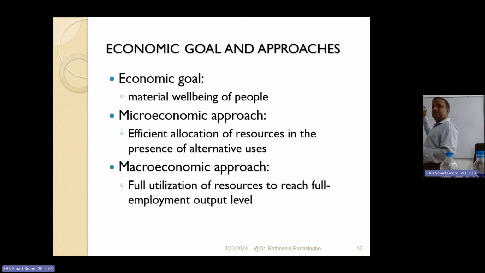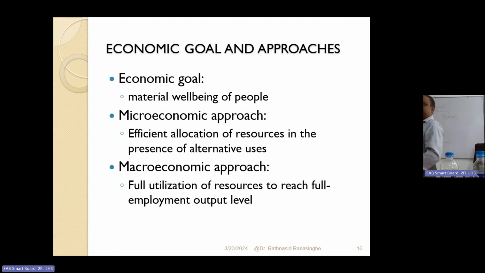But the approach is different. What is the approach of microeconomics?